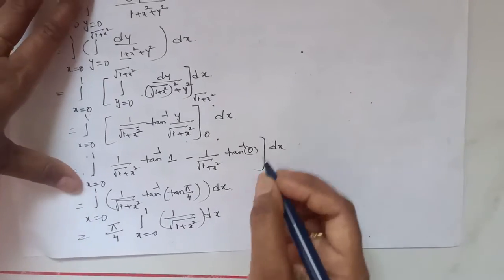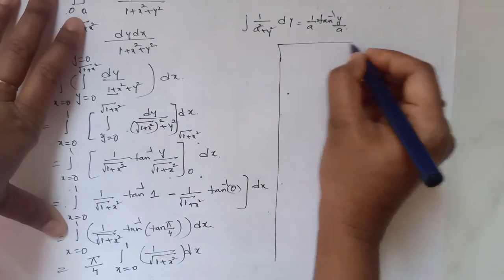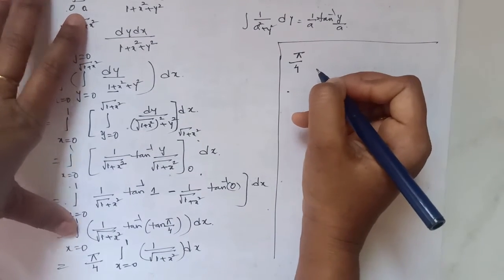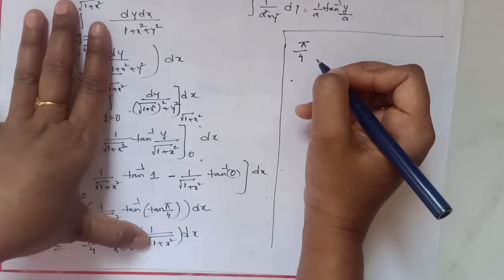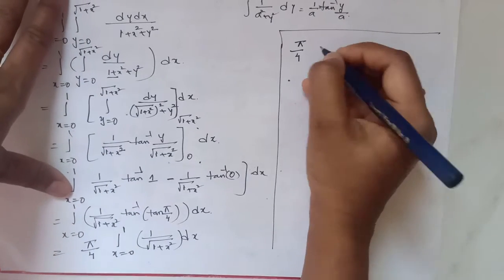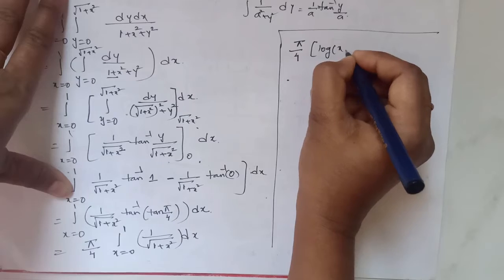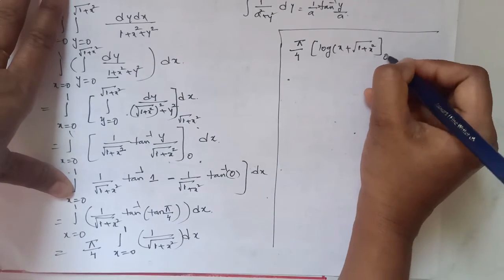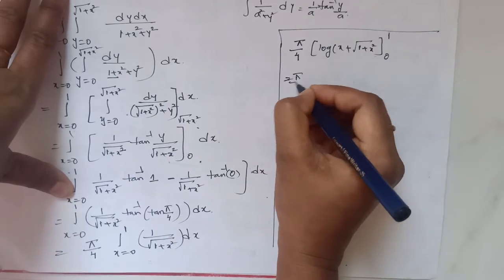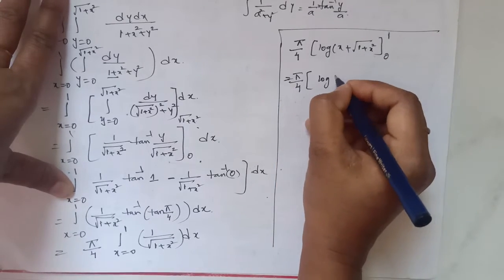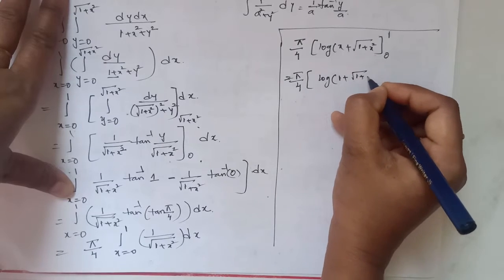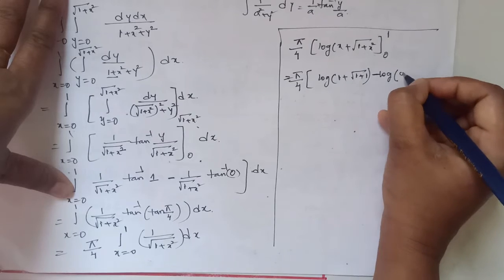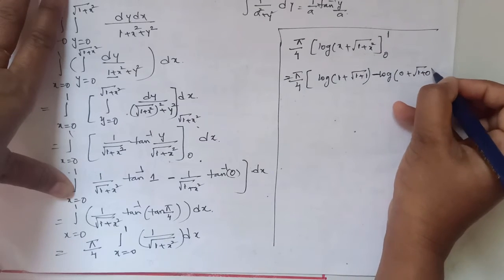The integration of this is pi by 4 times integral x from 0 to 1 by under root 1 plus x square dx, which is log of x plus under root 1 plus x square. Limits for x are 0 to 1. Now apply the upper limit first. Log of 1 plus under root of 1 plus 1, minus log of 0 plus under root of 1 plus 0.